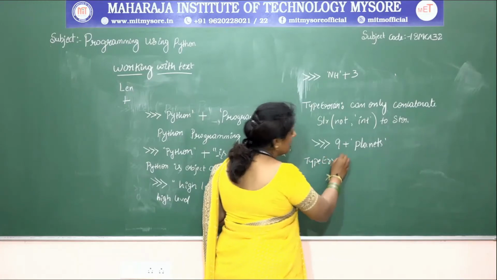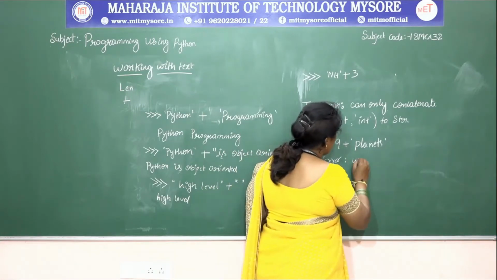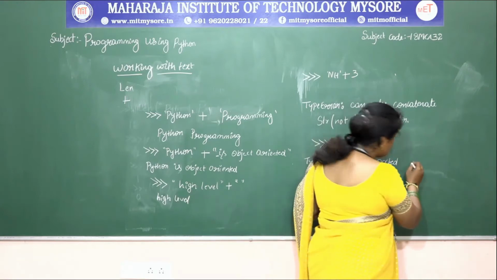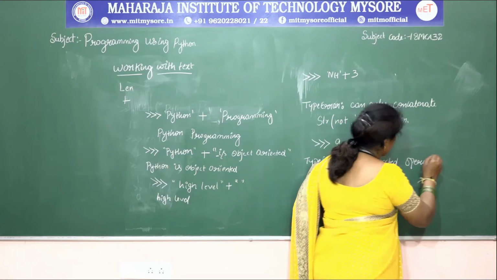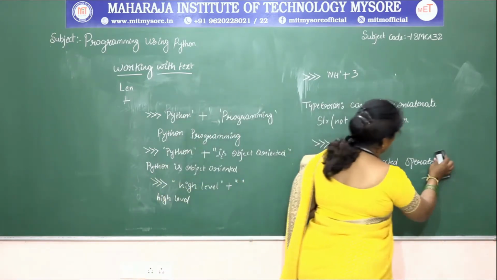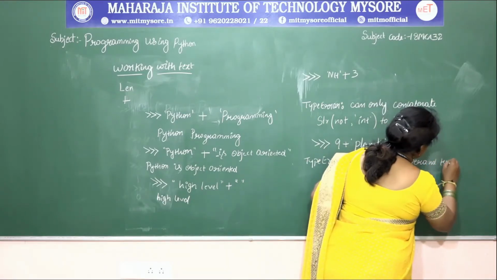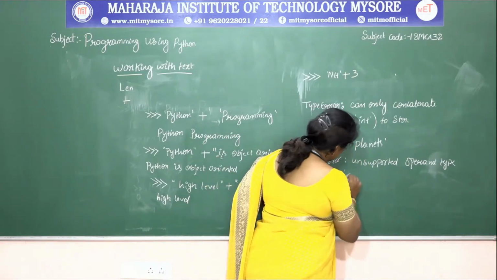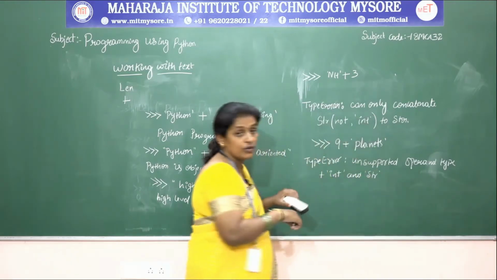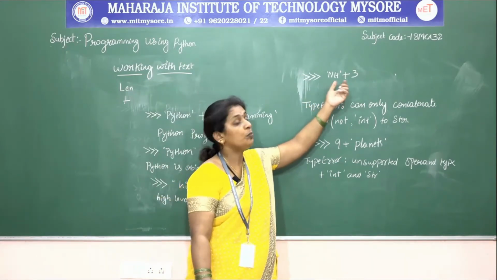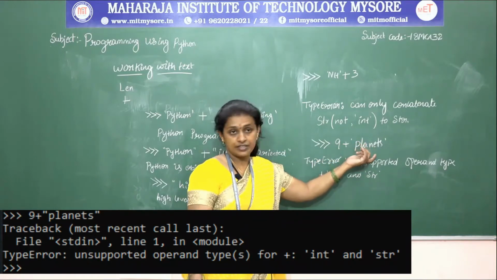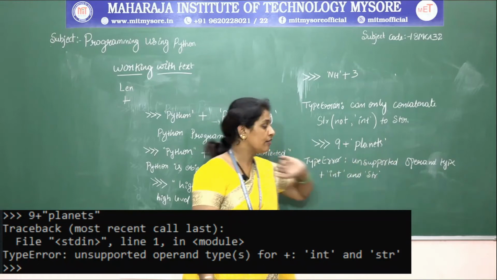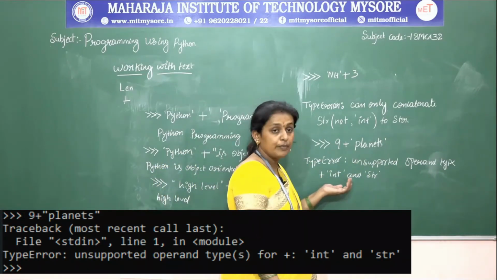I am not going to write the first two lines, that is the traceback, most recent call, and the file stdin. TypeError: unsupported operand type(s) for +: 'int' and 'str'. So here I executed a number value with a string value, and I am getting an error as unsupported operand types for plus, int and str.